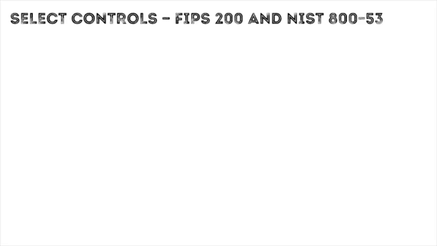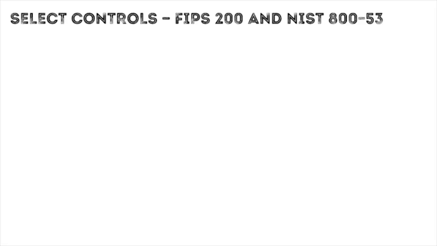These two standards work together. FIPS 200 defines the minimum security requirements, while NIST 800-53 provides the specific control details and implementation guidance for each requirement. Let's go through all 17 control families.